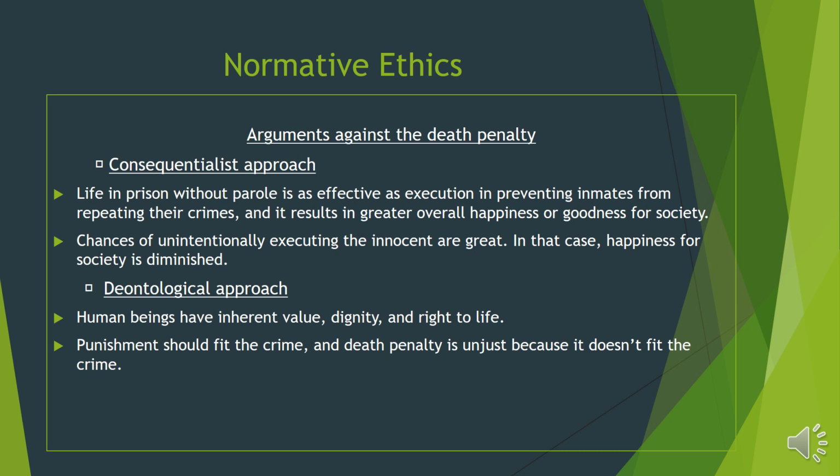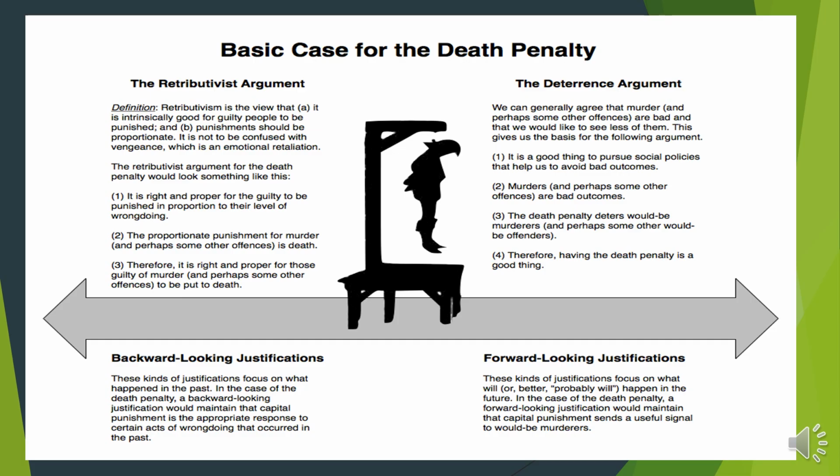Punishment should fit the crime, and the death penalty is unjust because it doesn't fit the crime. So here's the philosophical for-or-against approach. Here's another way to look at it, thinking about backward justifications and forward justifications, and logical ways of thinking about the arguments.